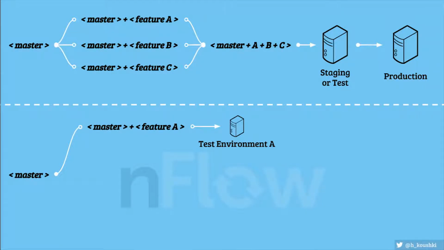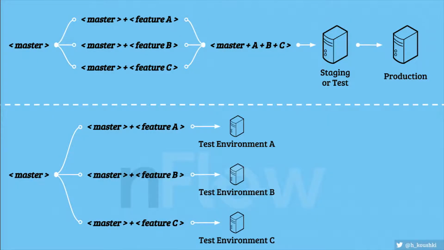Then, of course, you can test your code in this environment. Everybody can look at the functionality in this environment. And if you have, for example, 3 features, then you have 3 test environments, and you can test them individually, right?